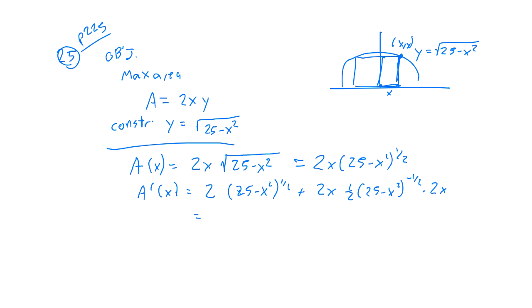So simplifying a little bit, that's twice the square root of 25 minus x squared.